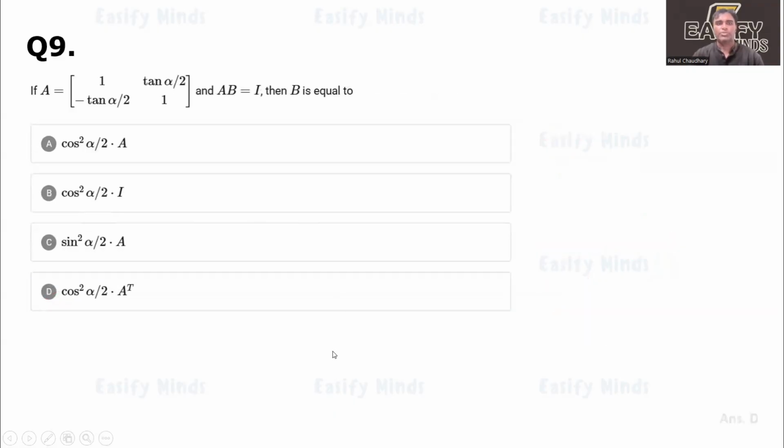Now let's move to the next one. Question number 9. The matrix A is 1, tan alpha by 2, minus tan alpha by 2, 1, and AB equals I. What is the value of B? Now see how to think on this.